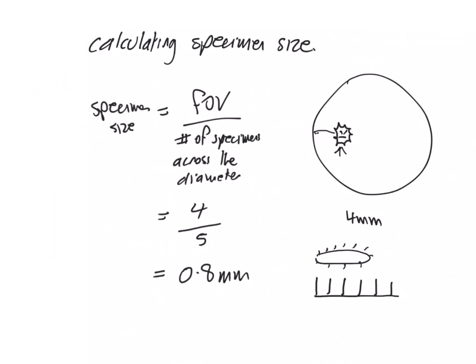You just need to count how many of the intervals. So we've got 1, 2, 3, maybe 3.5. So that would be 3.5 millimeters is the size of that one. So there's a couple of ways you can calculate specimen size.